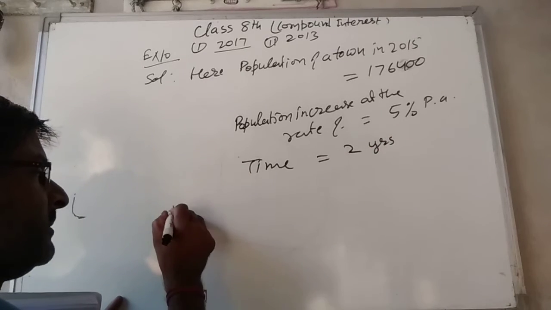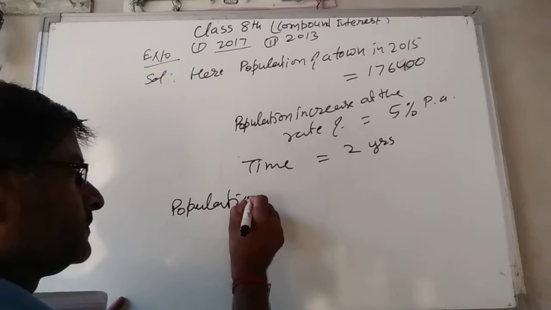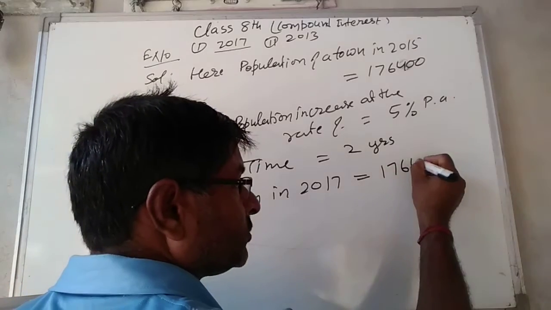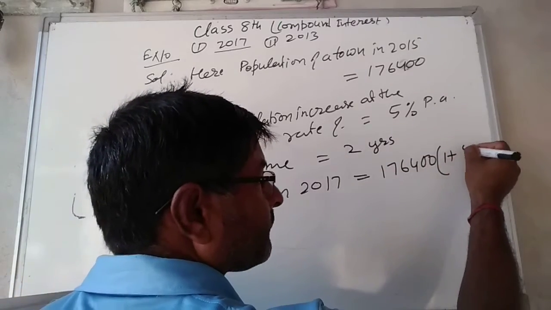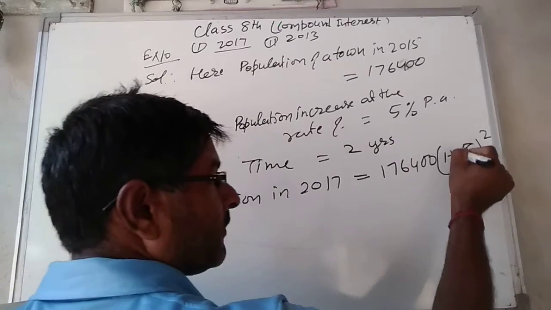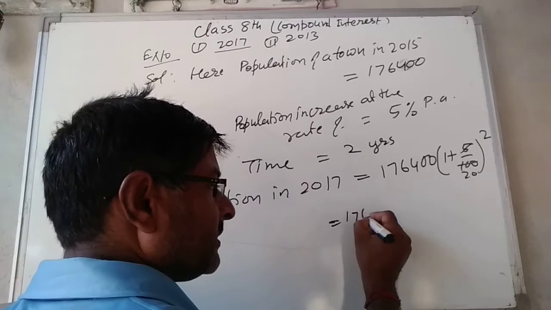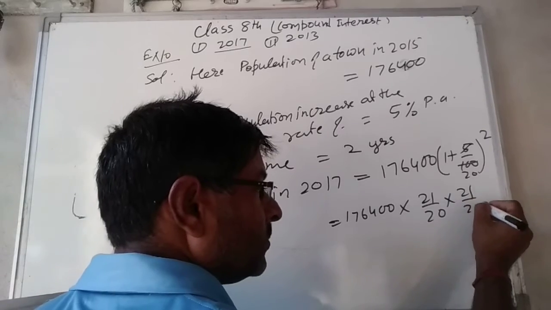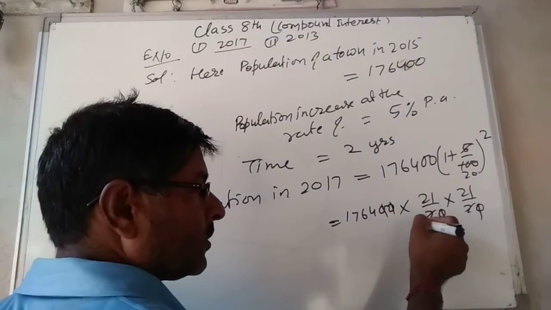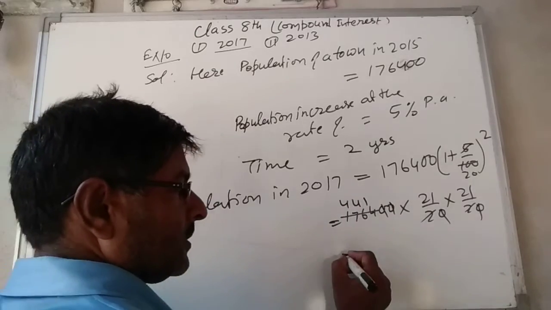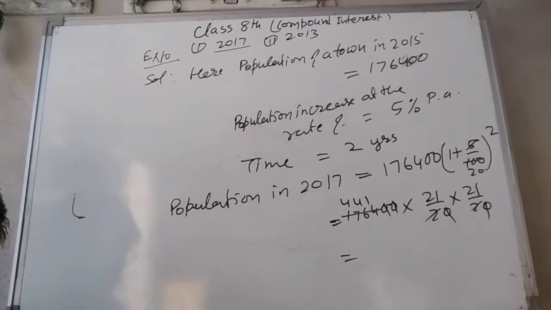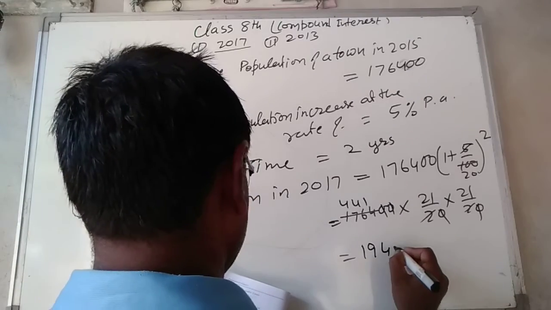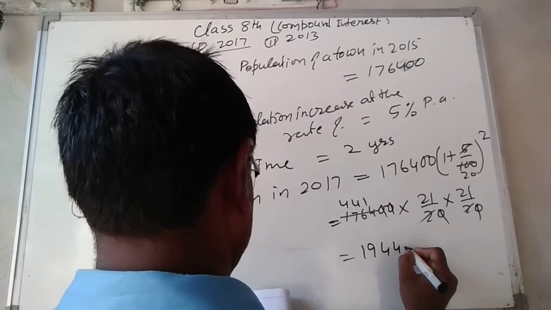So we write: population in 2017 is equal to the principal into (1 + 5/100) to the power 2. Cancel with 5, we get 20. So 176400 multiplied by 21 upon 20, two times, because the power is 2. Cancel 0 with 0, 2 twos are 4, cancel with 4, 4 fours are 16. Now you can multiply 21 by 21, which is 441, and 441 times this gives 194481.